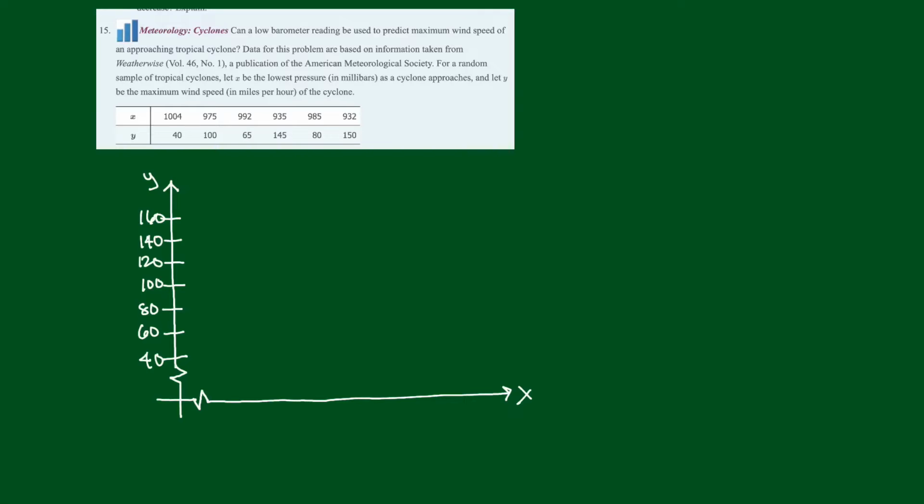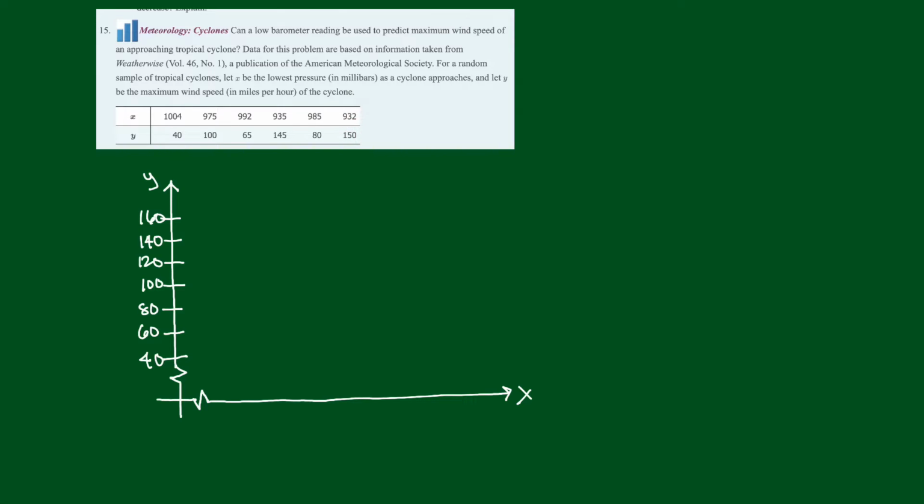Now, this is just a picture. It's not really meant to be totally accurate. It's just to give us a feel for what's happening. Now, look at the x's. They go from where to where? I've got 1,000 here, and they go down to about 900. How about if we just did this?